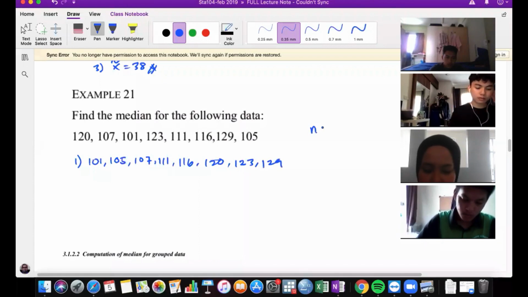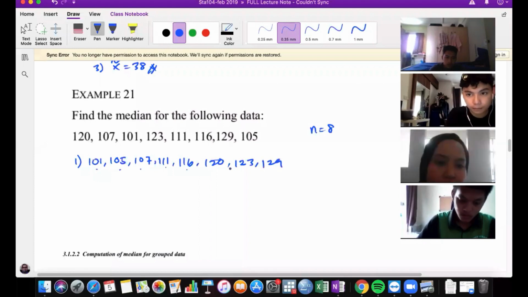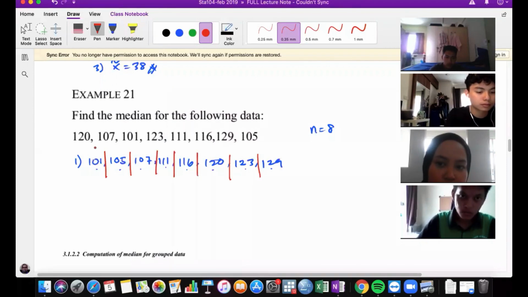So number of observation we have 8. 1, 2, 3, 4, 5, 6, 7, 8. So now locate the position, the data value. So this is position number 1, 2, 3, 4, 5, 6, 7, and 8.